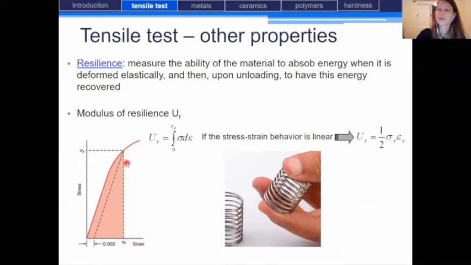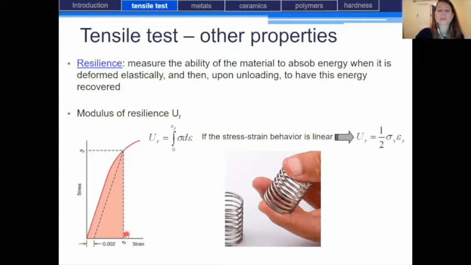And so the resilience, in the same way as the toughness, we define as the area under the curve. So let's remember, in the case of toughness, we were considering the area under the curve of the elastic and plastic domains, whereas in the case of resilience, we are only focusing on the elastic domain.